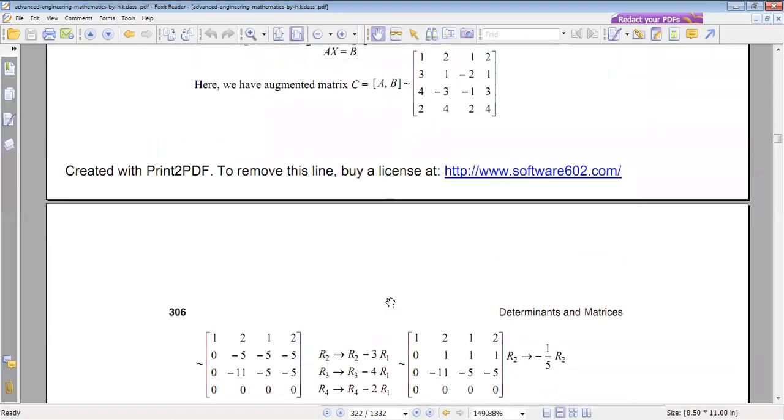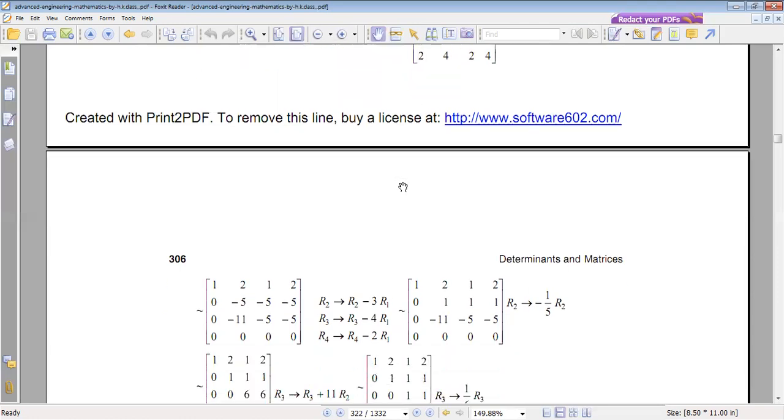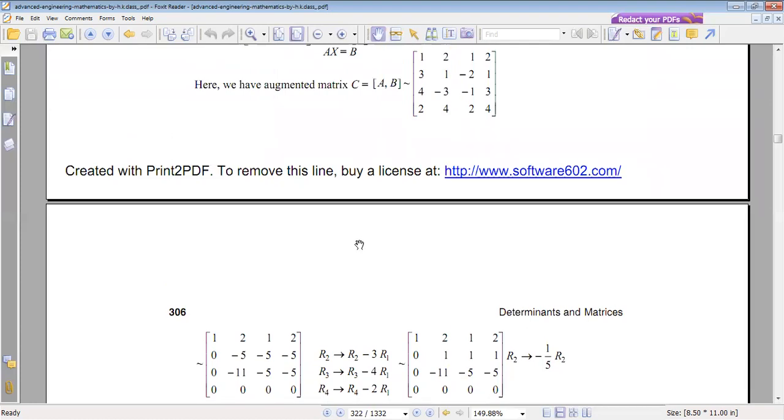Now see here. Since it is already 1, by using this 1 we can easily make these elements equal to 0. How can you make this equal to 0? See here. Row 2 tends to row 2 minus 3 row 1.